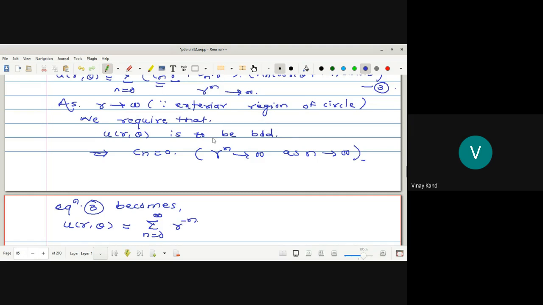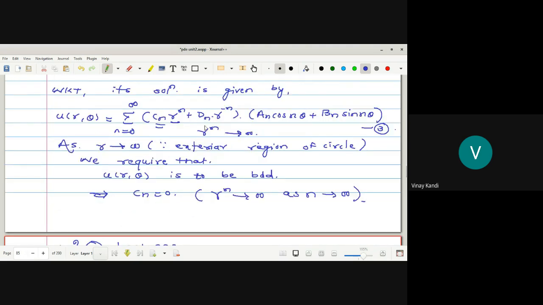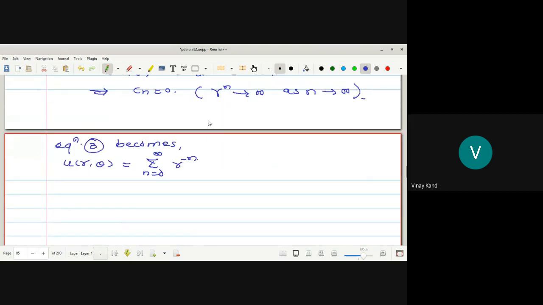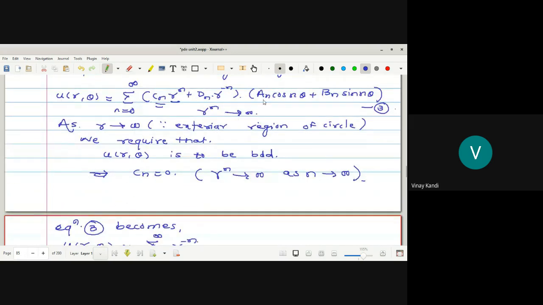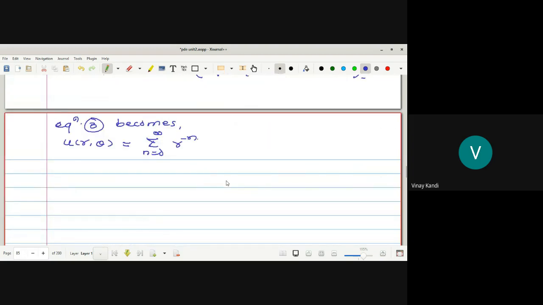Multiply d n inside the bracket, d n into a n. So the new constants are a n dash cos n theta plus b n dash sin n theta, where a n dash is equal to a n into d n and b n dash is equal to b n into d n.